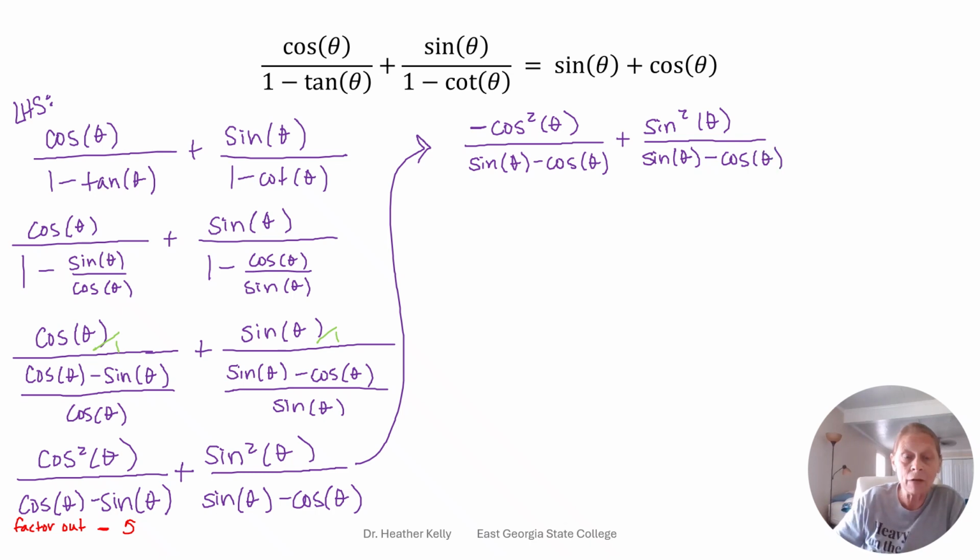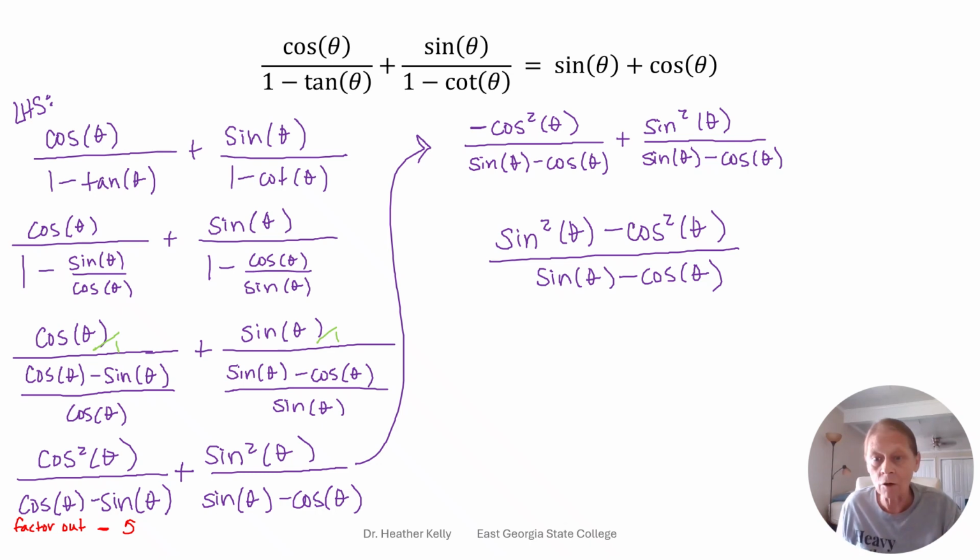Now these denominators are the same. Yay! So that's going to make us have a sine squared theta minus a cosine squared theta all over our sine theta minus cosine theta.